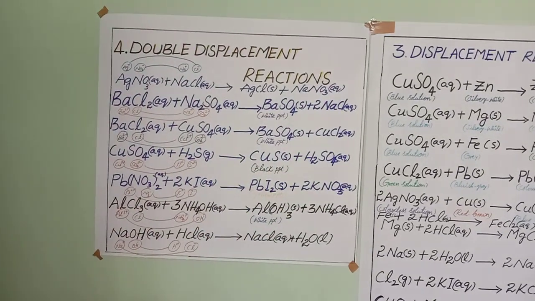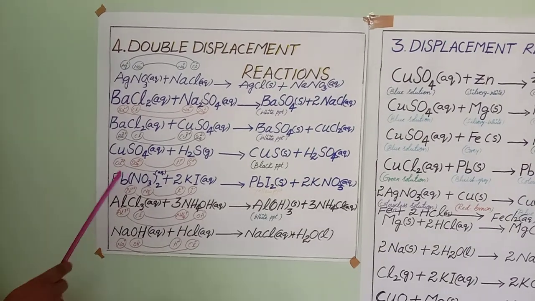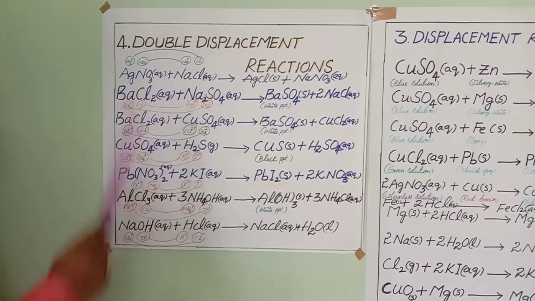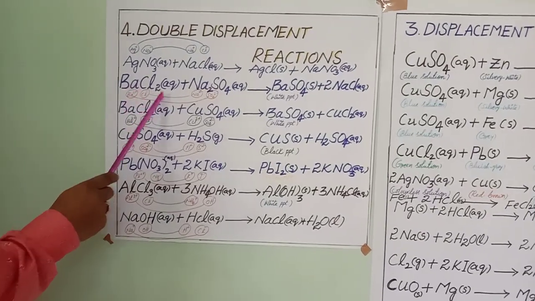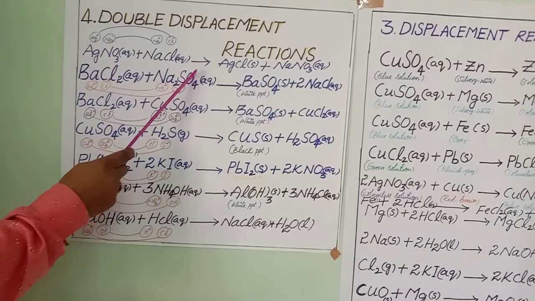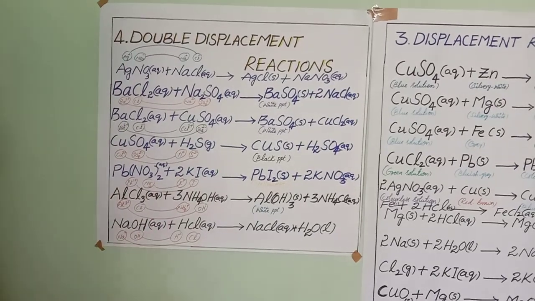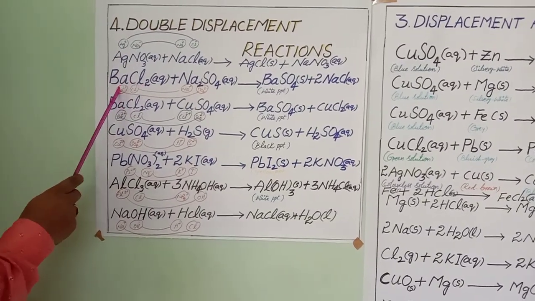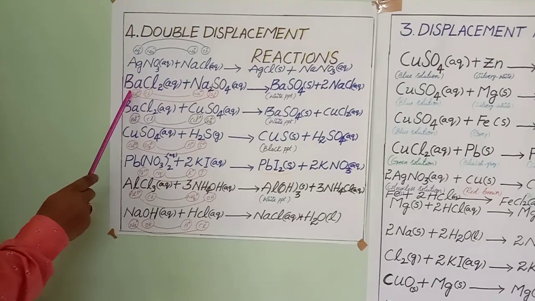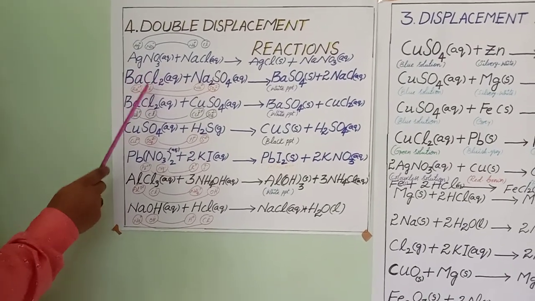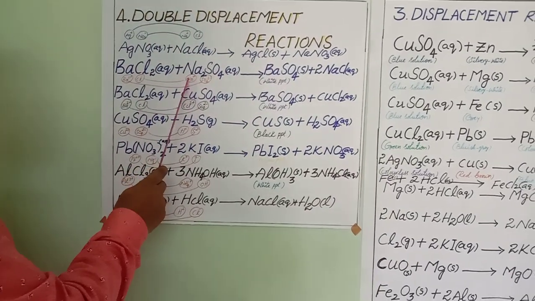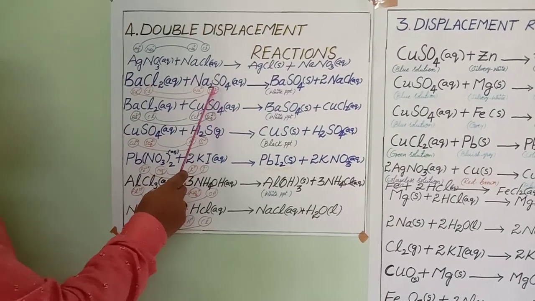In a similar way, one more example we will discuss: barium chloride solution and sodium sulfate solution. One test tube contains barium chloride solution, another contains sodium sulfate aqueous solution. Barium chloride contains barium ion Ba2+ and chloride ion Cl-, and sodium sulfate contains Na+ ion and sulfate ion SO4 2-.